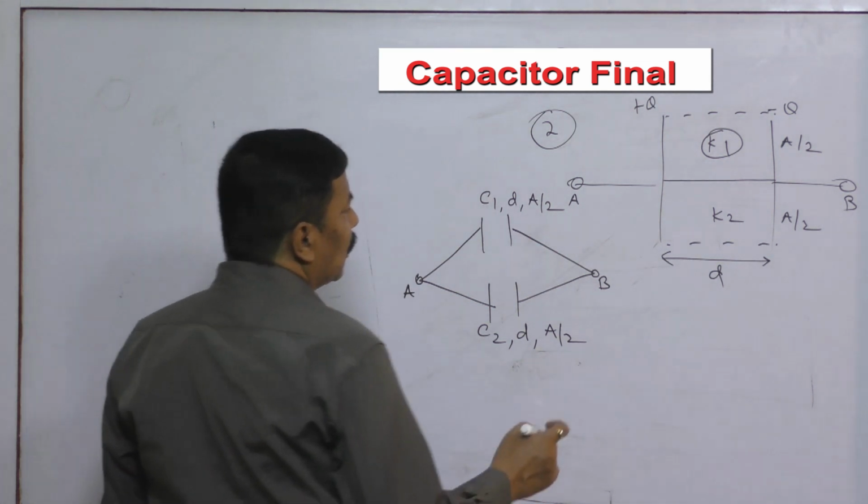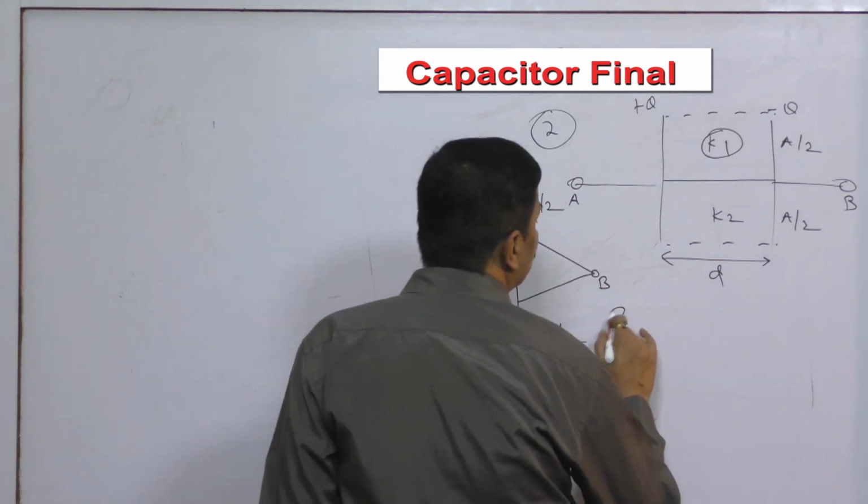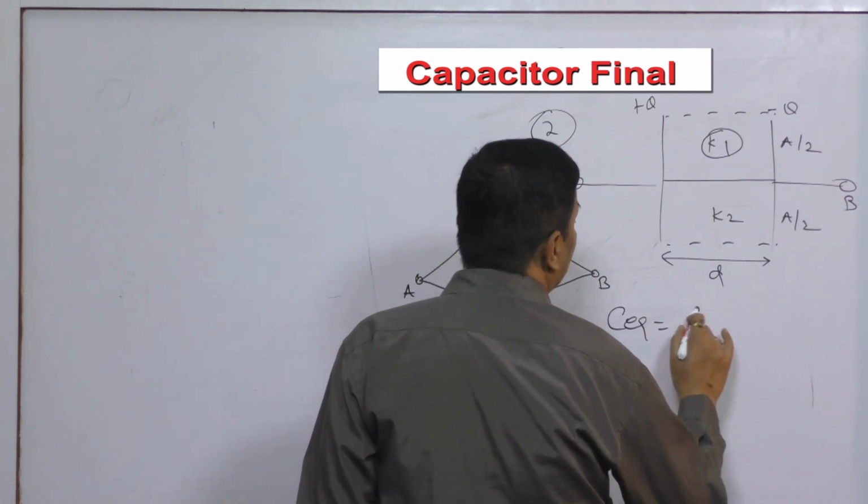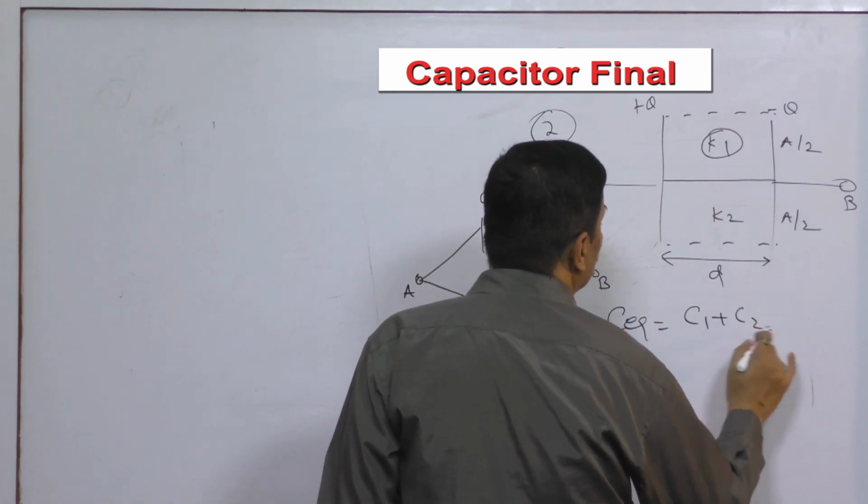Now what is C equivalent? These are in parallel, so C equivalent is C1 plus C2.